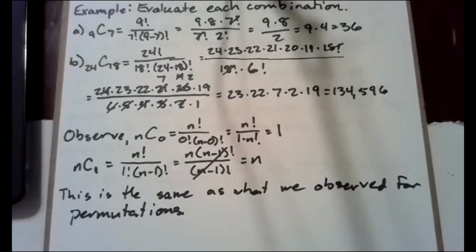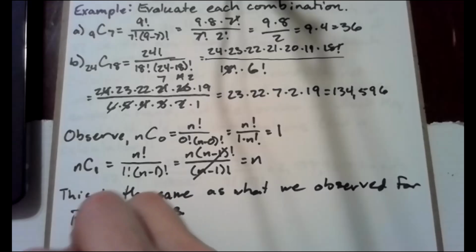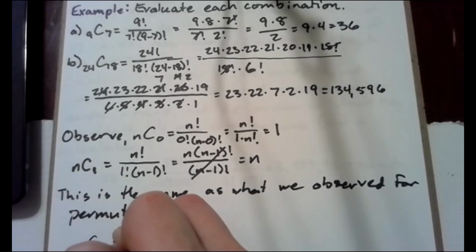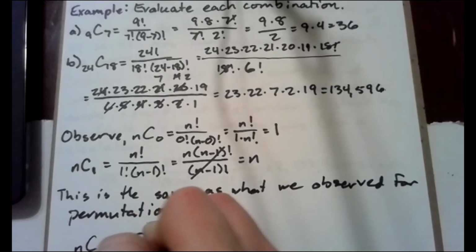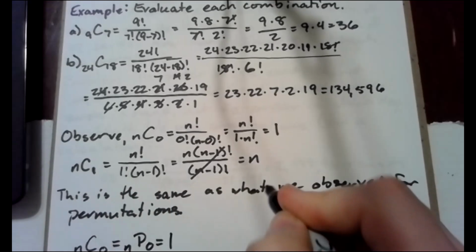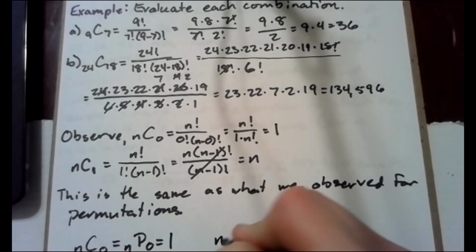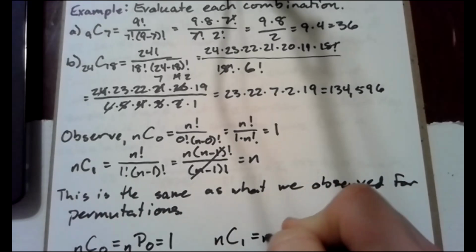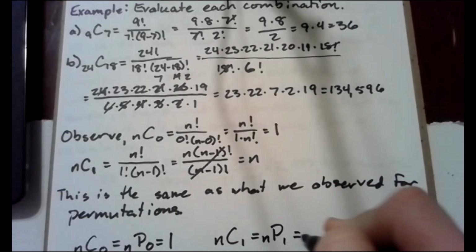So these numbers are the same as the permutations. So we have n choose 0 equals n pick 0 equals 1, and n choose 1 equals n pick 1 equals n.